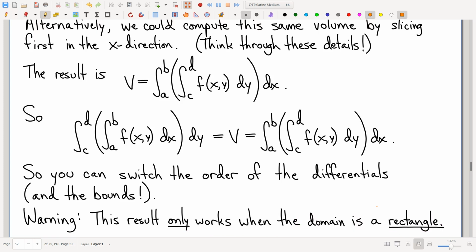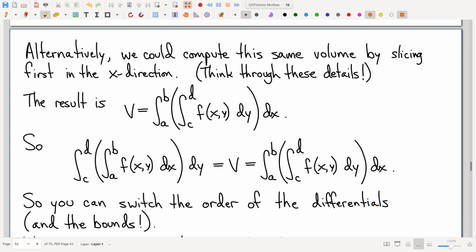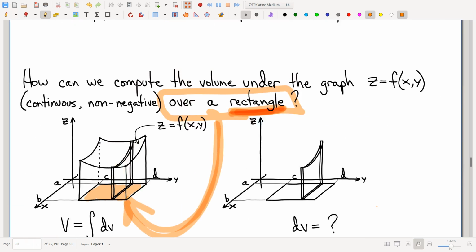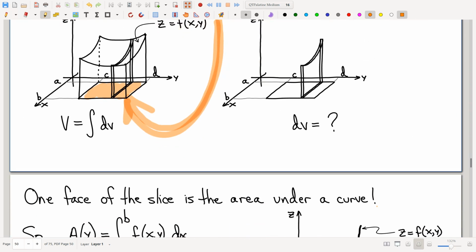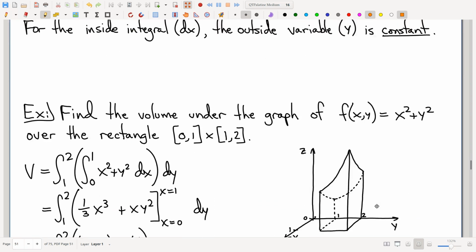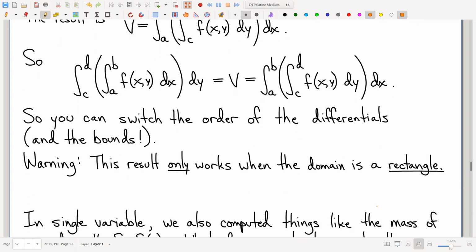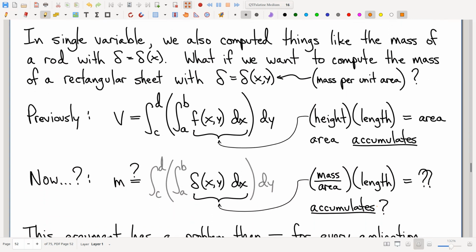Okay, so now let me make a tempting statement that's going to turn out to be very wrong. Tempting statement, though. Going back to single variable calculus. Well, let's see. I guess I don't really have this written down anywhere. But okay, so let me just leave it here. In single variable calculus, the first example you always see is area under a curve.